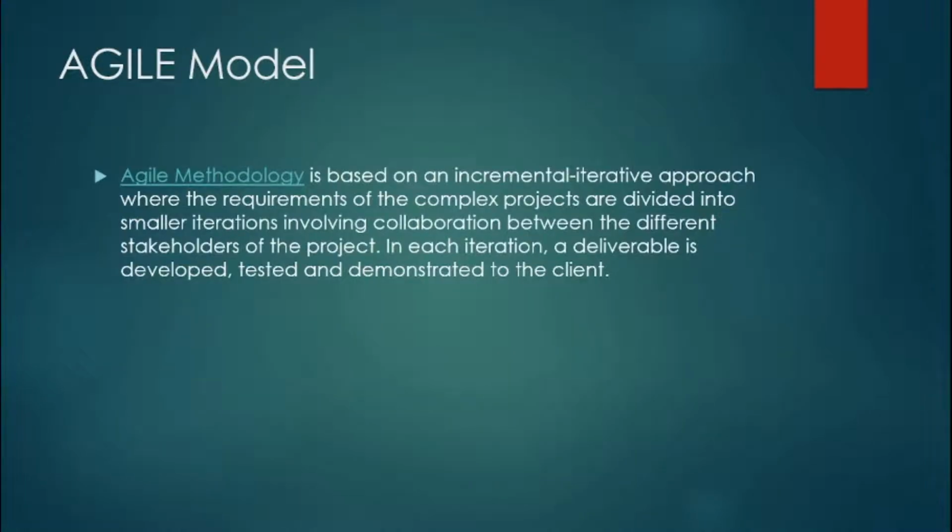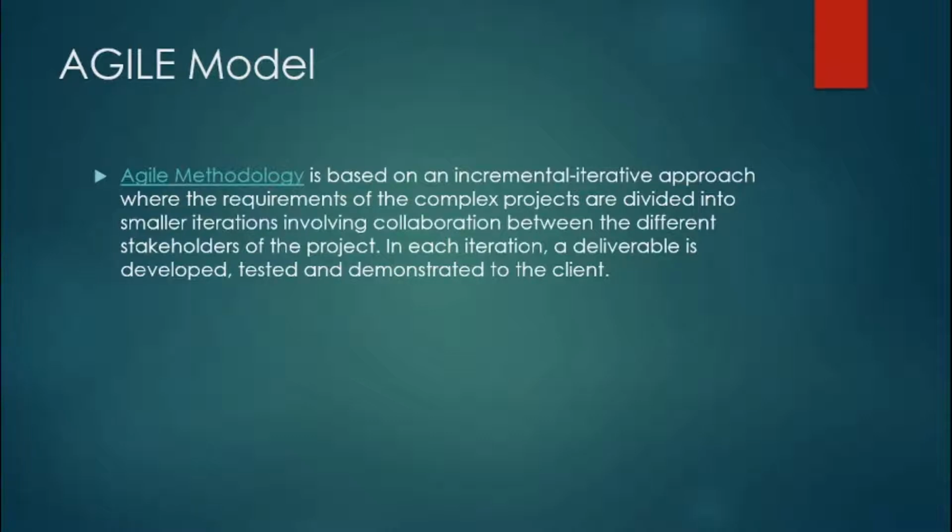Now what happens in the agile model? The agile model is based on an incremental iterative approach where the requirements of a complex project are divided into smaller iterations involving collaboration between the different stakeholders of the project. In each iteration, a deliverable is developed, tested and demonstrated to the client.